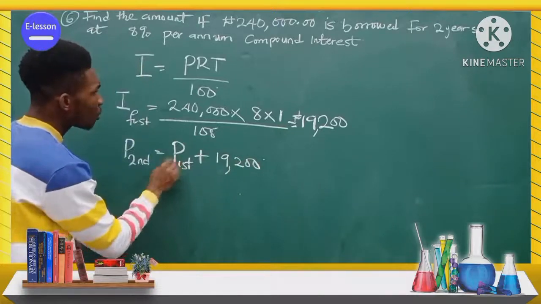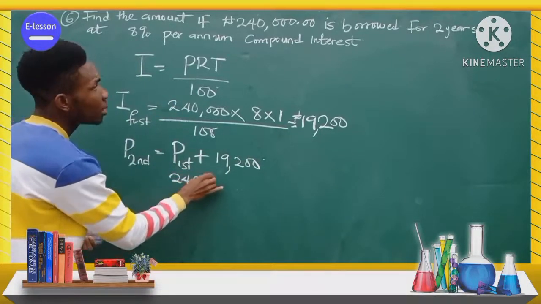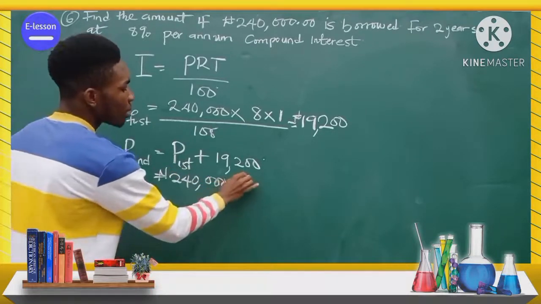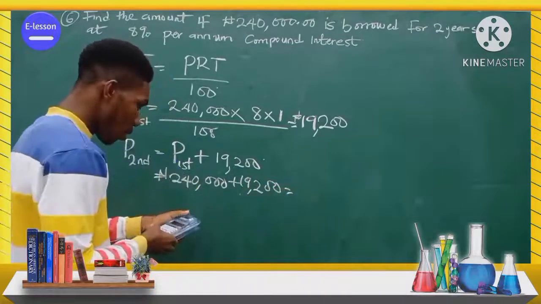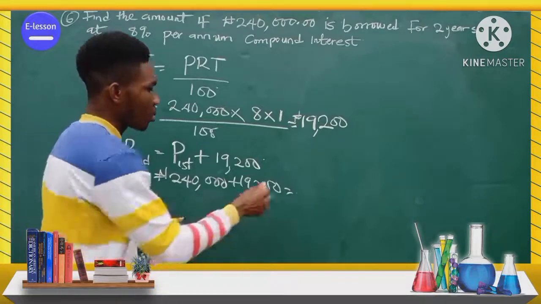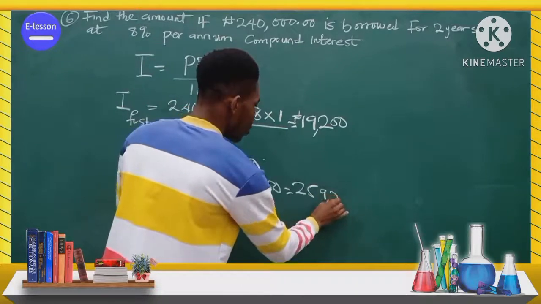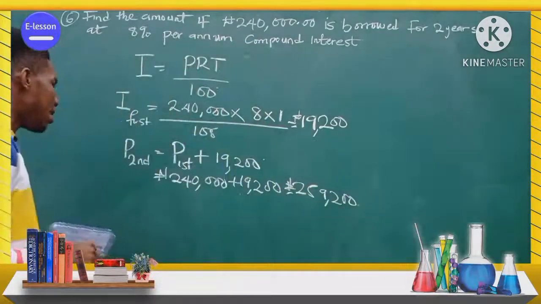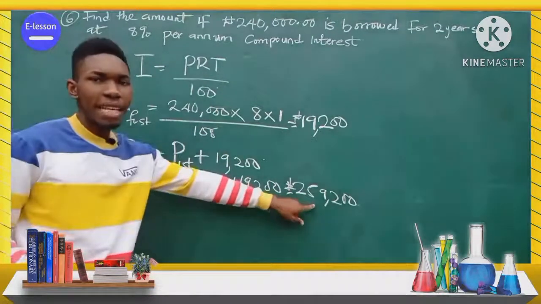So the principal for the first year is 240,000 naira plus 19,200, and this gives us 259,200 naira. So this is the amount you are starting with for the next year.